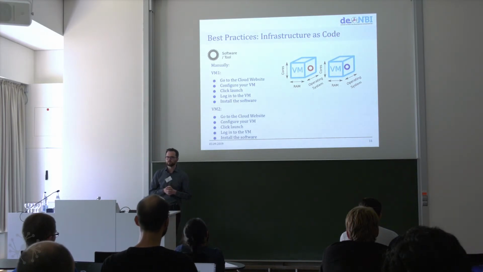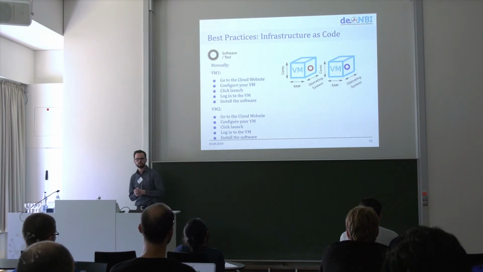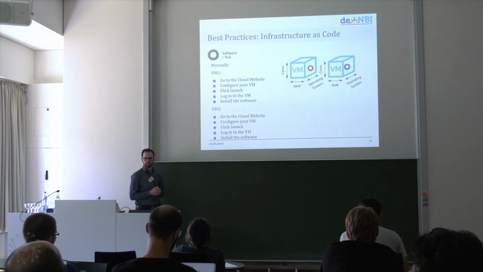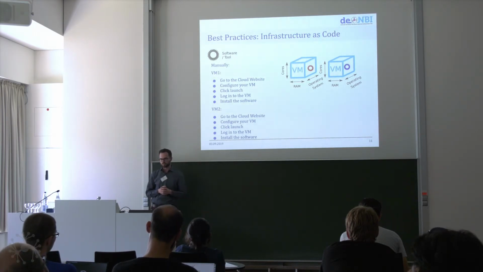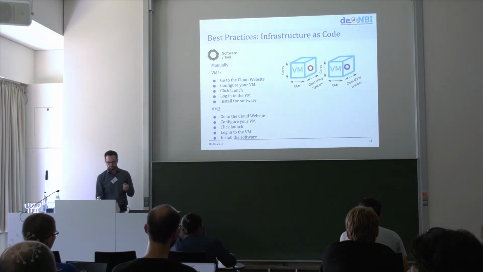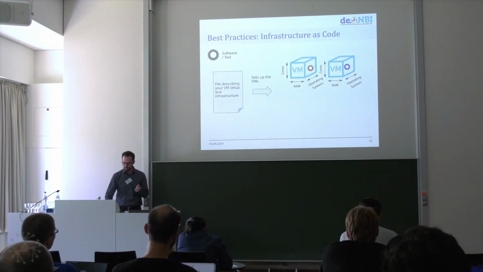But let's imagine you want to start hundreds of VMs. You will hear later today that there are services that start hundreds of VMs. You don't want to click 100 times on a website somewhere to launch a VM, right? There is a solution for this problem. It's called, again, infrastructure as code.